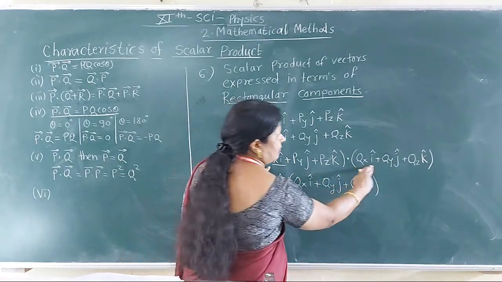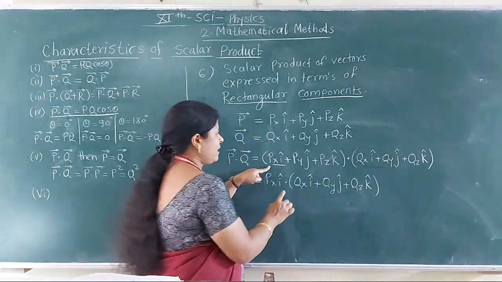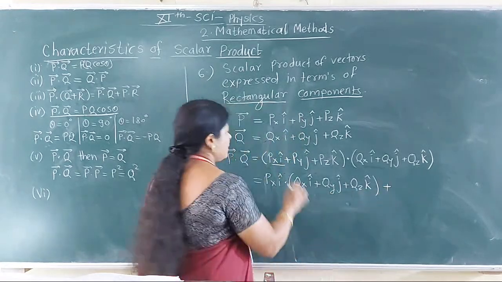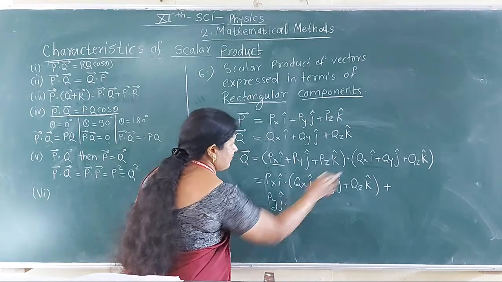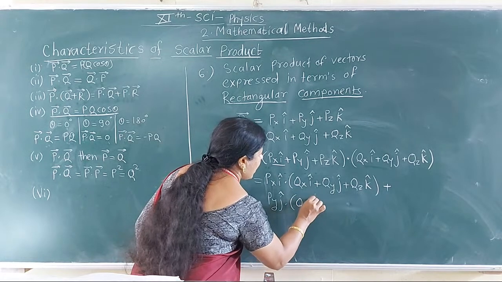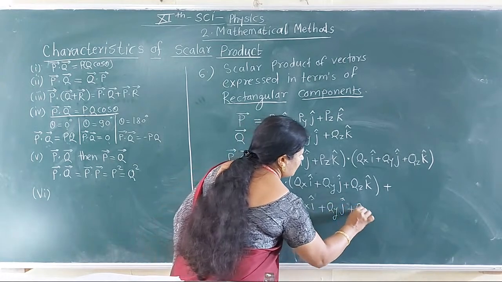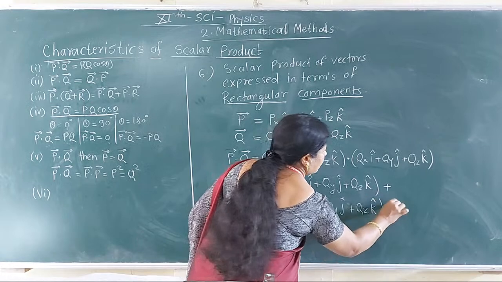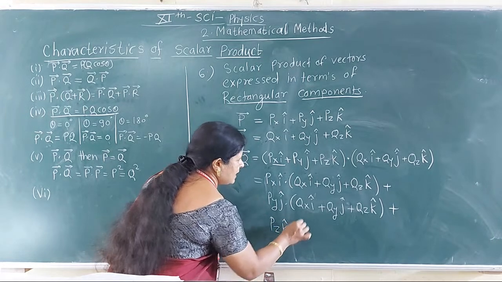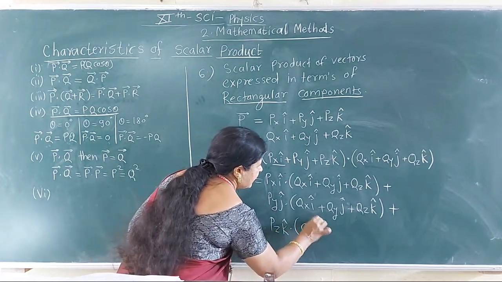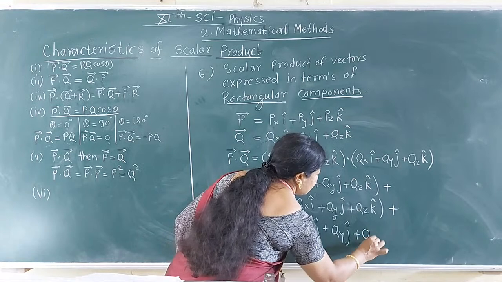Px i cap multiplied with this total component of vector Q, plus Py j cap multiplied with Qx i cap plus Qy j cap plus Qz k cap, plus Pz k cap multiplied with Qx i cap plus Qy j cap plus Qz k cap.